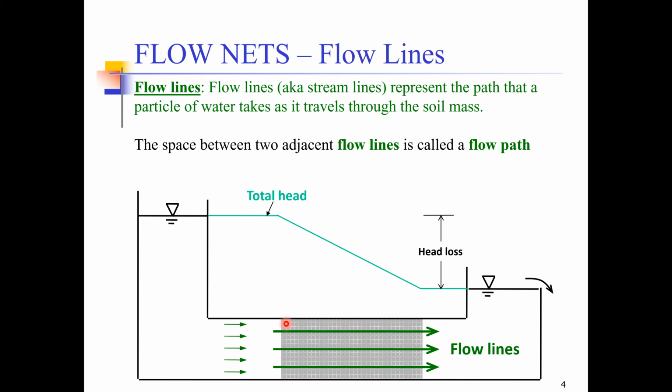For example, this is one flow path, there is the second flow path, there is the third flow path, and the fourth flow path. The discharge through each flow path is the same. It means that the same amount of water is flowing through each flow path.